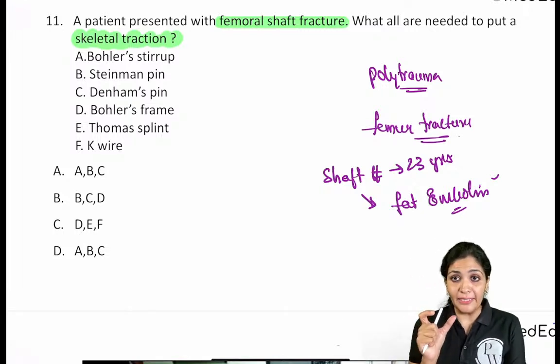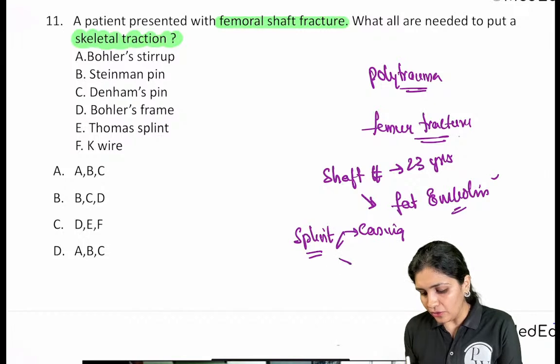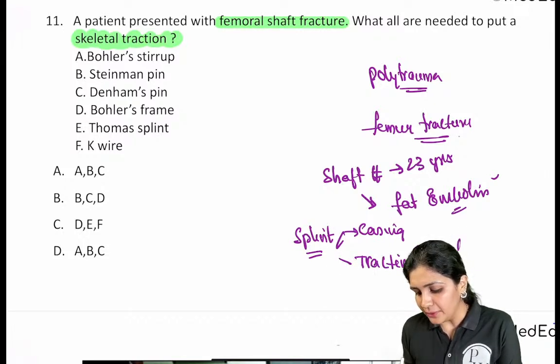So this particular splint, what you're trying to give him could be of casing or could be of skeletal traction, especially in case of your femur fracture.